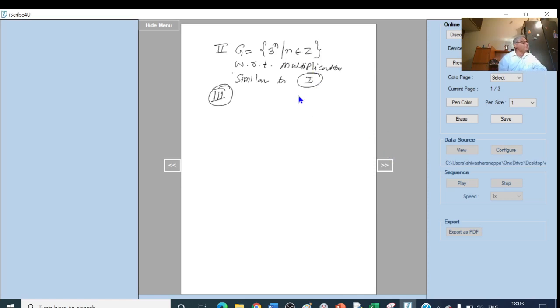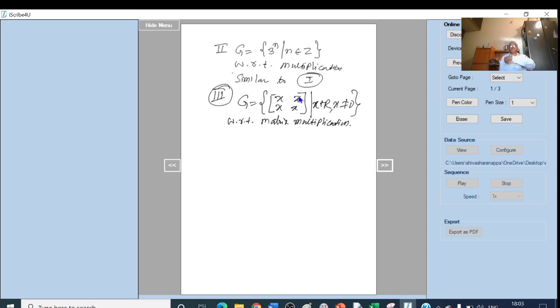So therefore I will go to the third example. What is the third example? G is equal to the set consisting of the 2 by 2 matrices x, x, x, x, such that x belongs to R and x is not equal to 0. This is with respect to matrix multiplication.